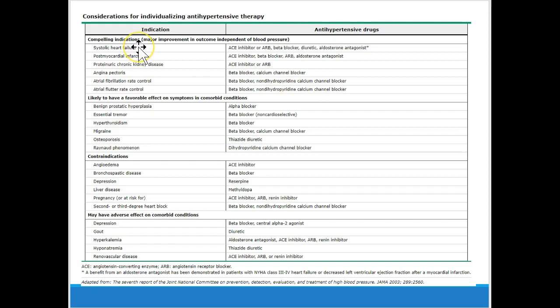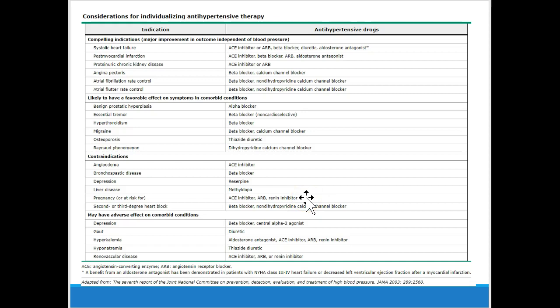So where's somebody with diabetes? It should be on here somewhere. And it's not. Well, that kind of sounds foolish, but okay, let's change gears. Let's look at pregnant patients. Here we go. Pregnancy, or at risk for pregnancy, and they show you the antihypertensive drugs that would be contraindicated there. They're taking a different step with this column and saying you can basically use anything but these ones for them.